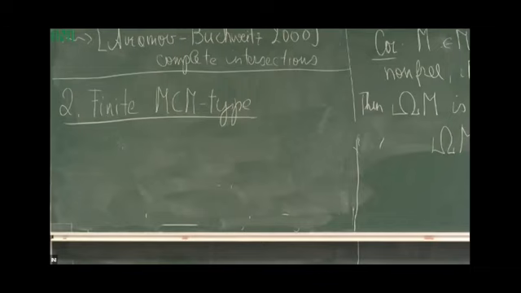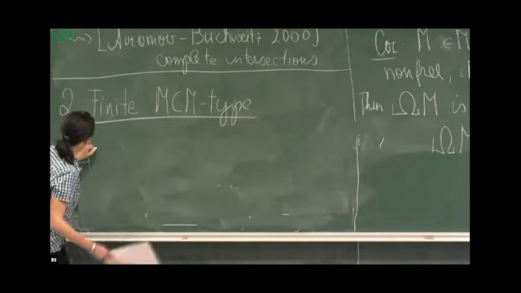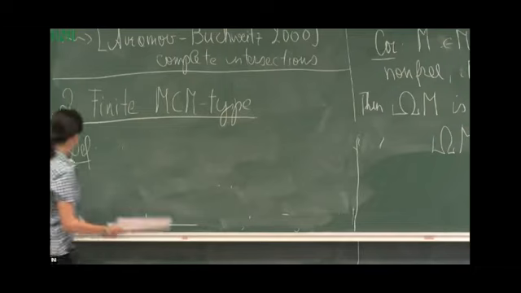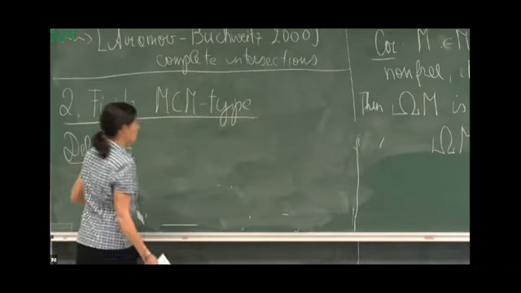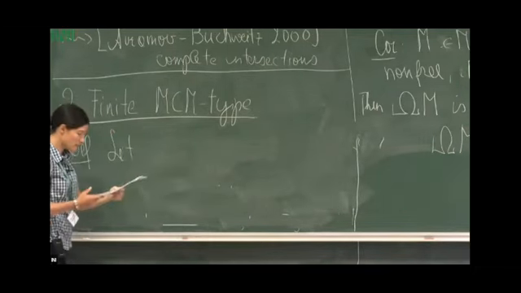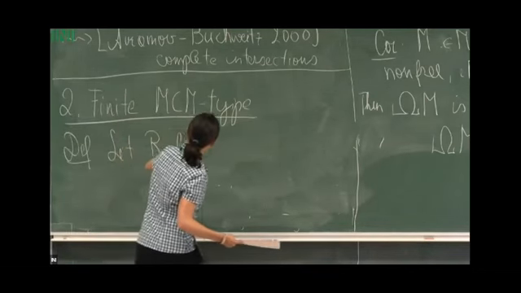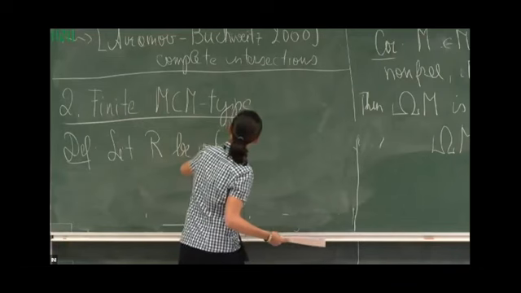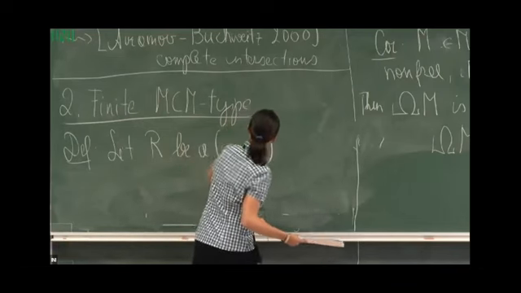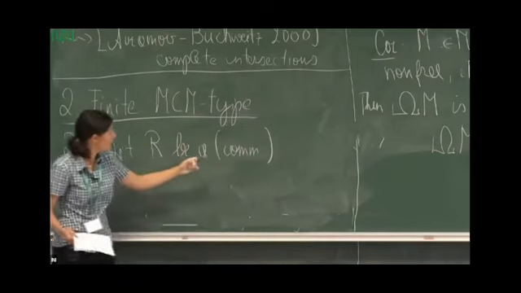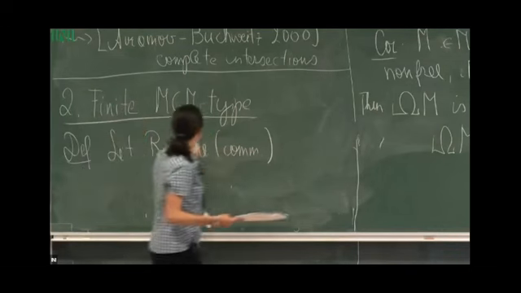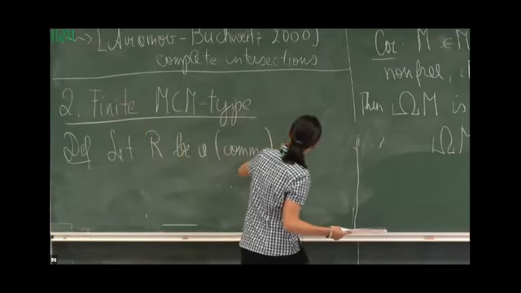Okay, so first of all, I should define what I mean by finite Cohen-Macaulay type. We have so far only defined maximal Cohen-Macaulay modules over a commutative ring. So let R be a commutative ring.